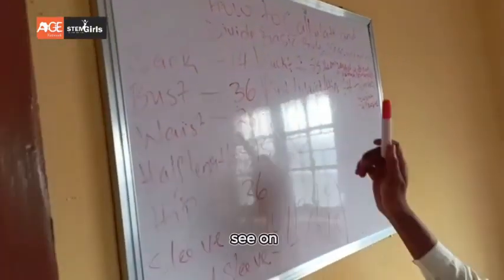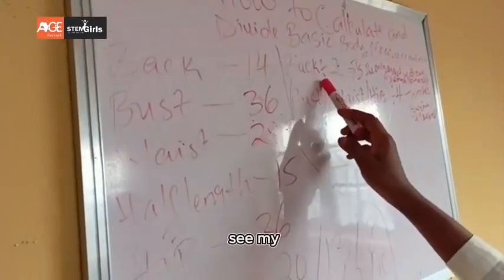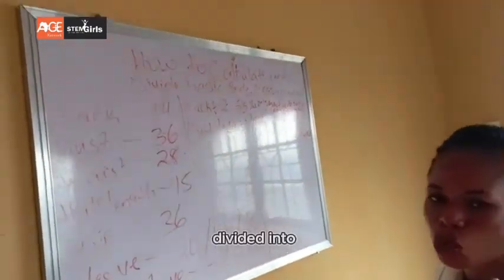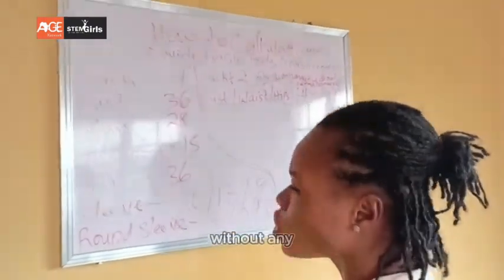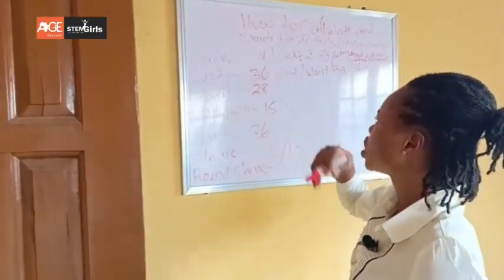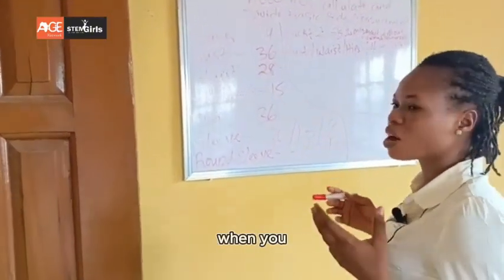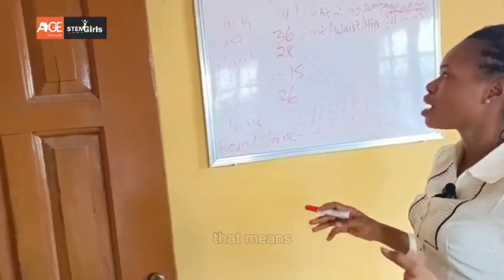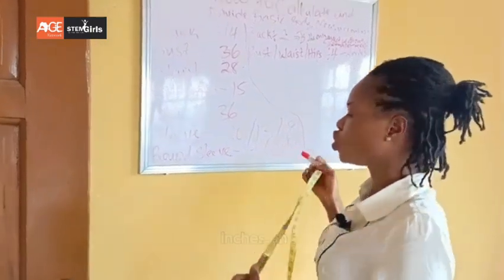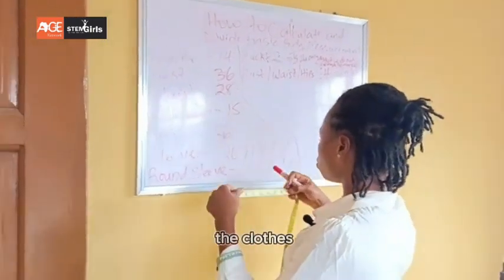Now, as you can see on the board, my back is here. So in every aspect of cutting, our back is normally divided into two places without any sewing allowance. If your back is 14, you will divide it into two when you are drafting on a cloth. That means with your tape rule, you are going to measure 7 inches on the cloth.